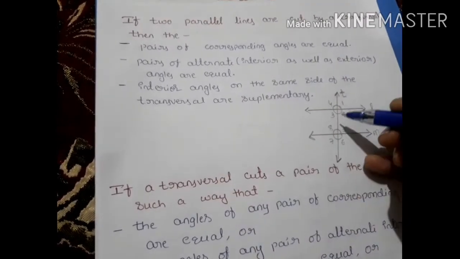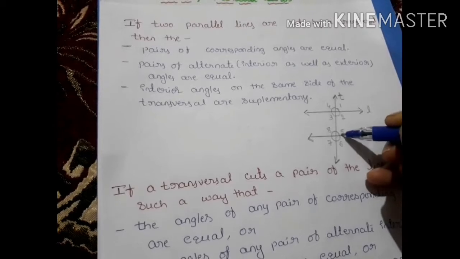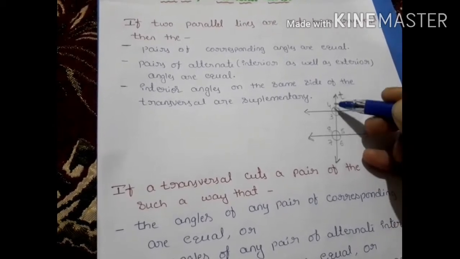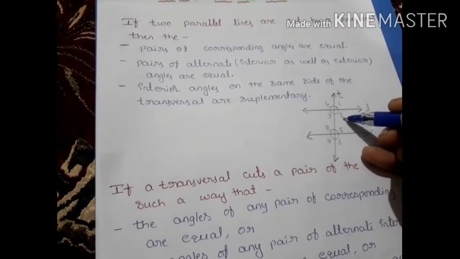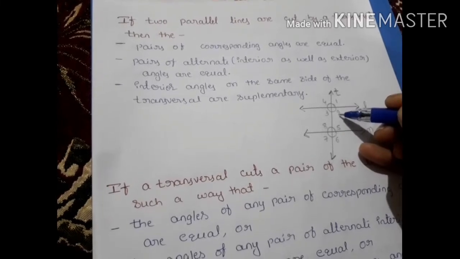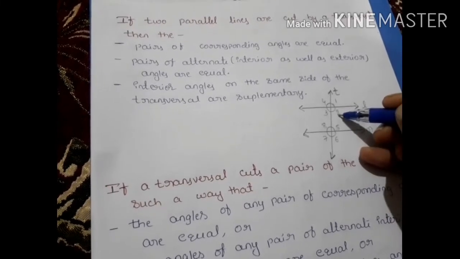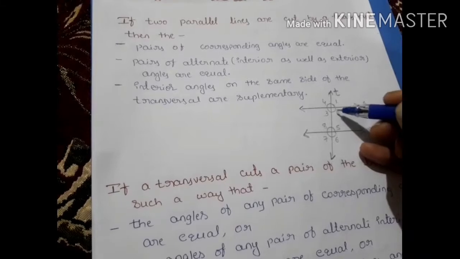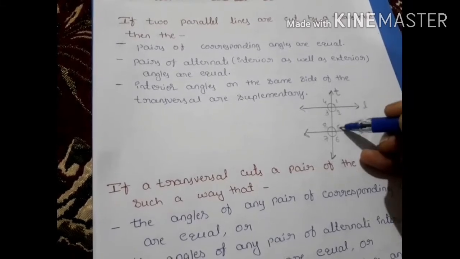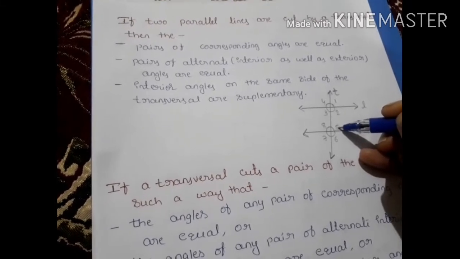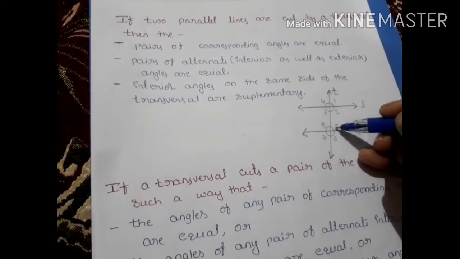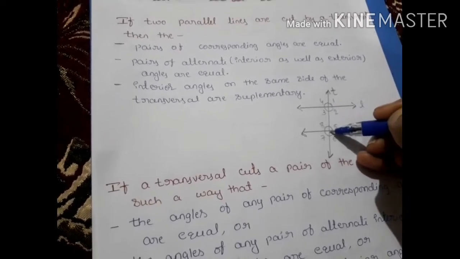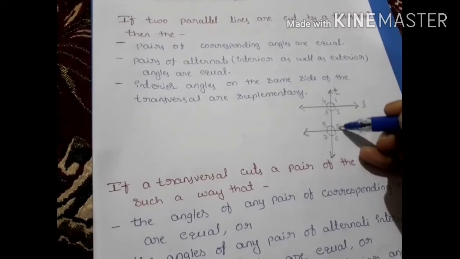From this figure, angles 2 and 5 are interior angles and on the same side of the transversal. When the sum of these two angles is 180 degrees, we say they are supplementary angles.